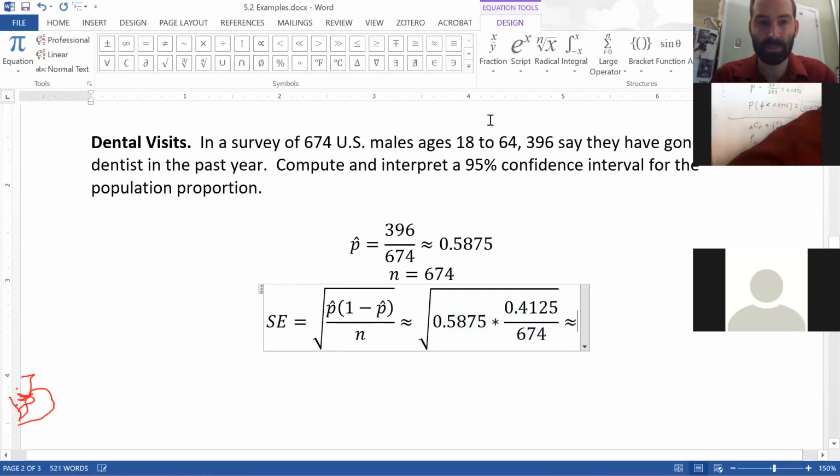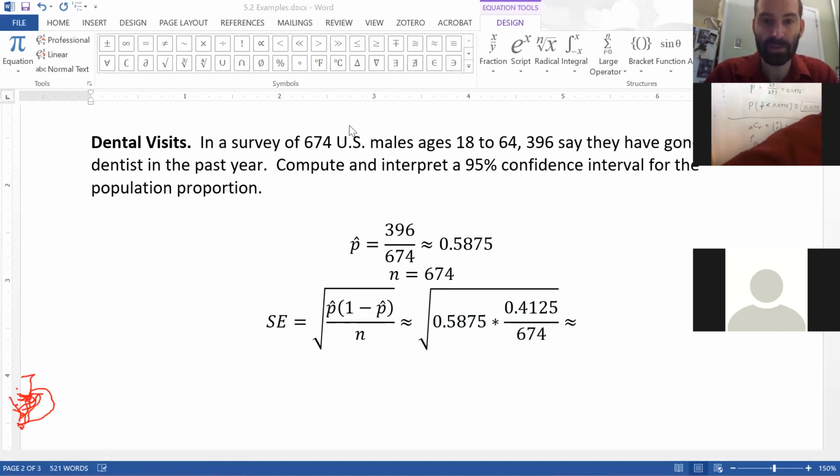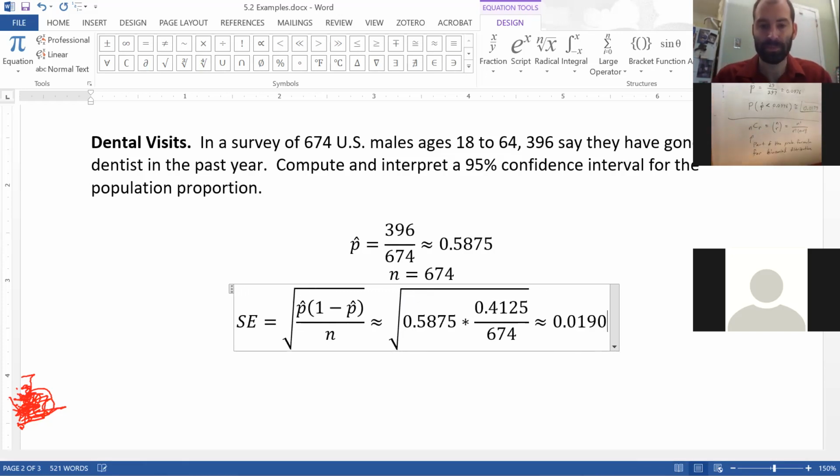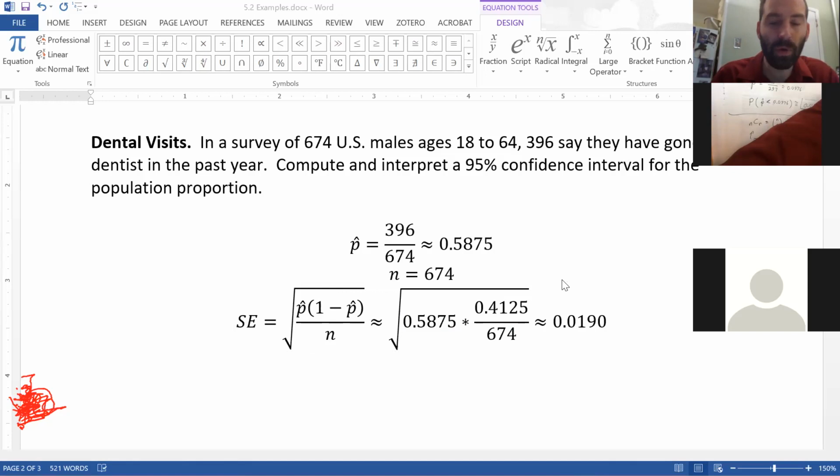Okay. So here we go. 0.5875 times 0.4125 divided by 674. And then I'll take the square root, and I'm getting 0.01896, but when you round that, you get 0.0190.